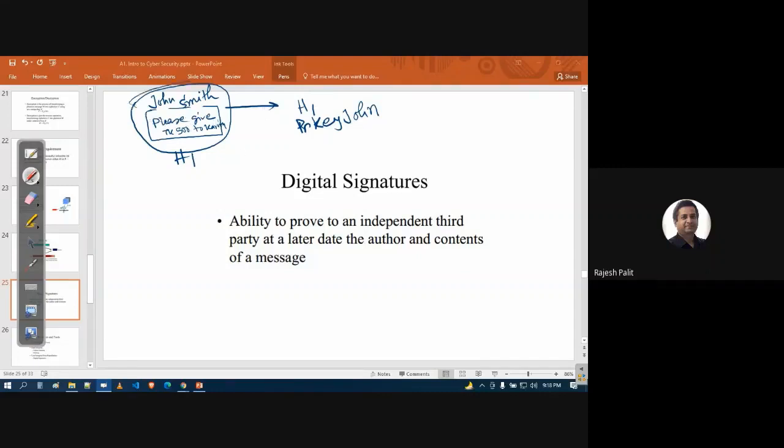Sorry, let me explain it again. So this is the message, and this is the key.